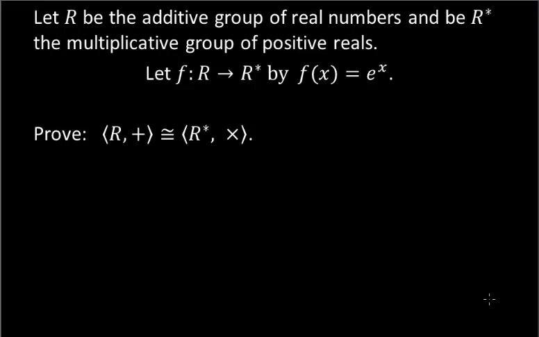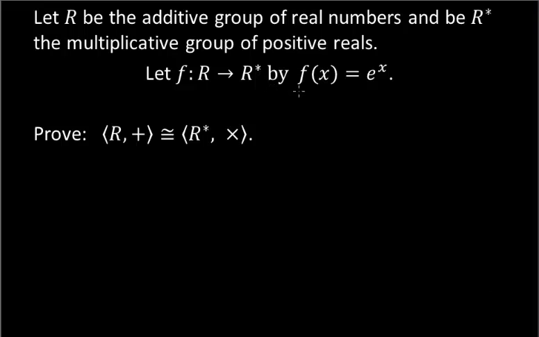Identity is 1. Here it's very important to know the operations, because the set R star is a subset of R. So we want to prove that the real numbers under addition are isomorphic to the positive real numbers under multiplication.